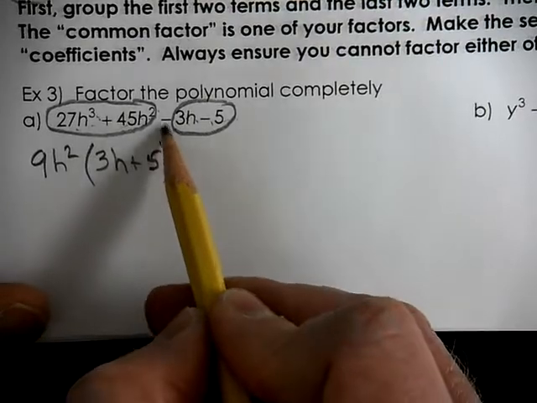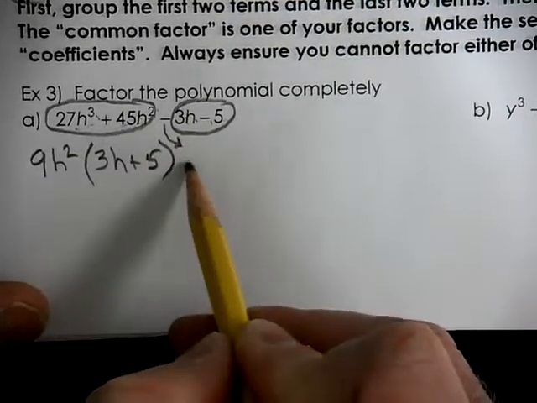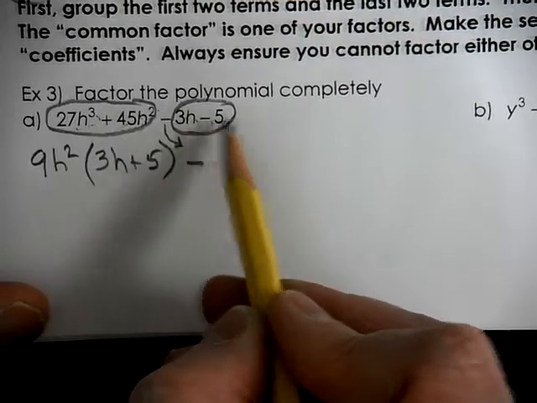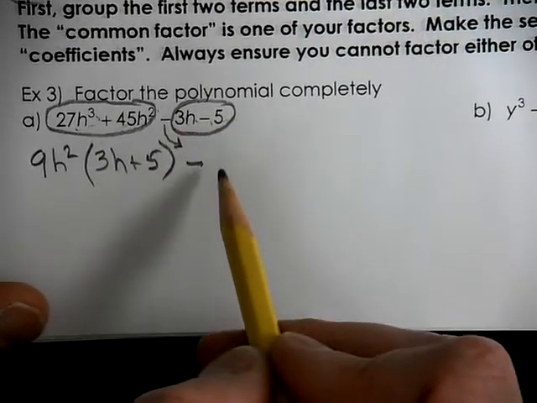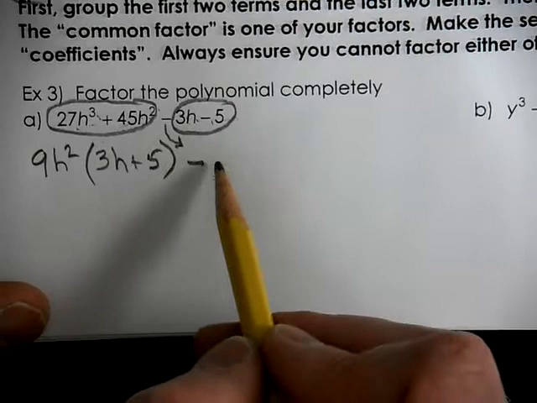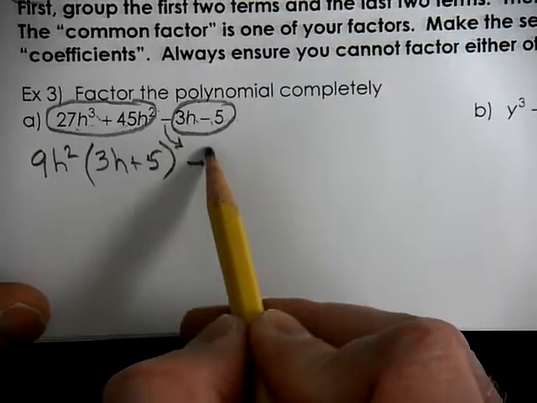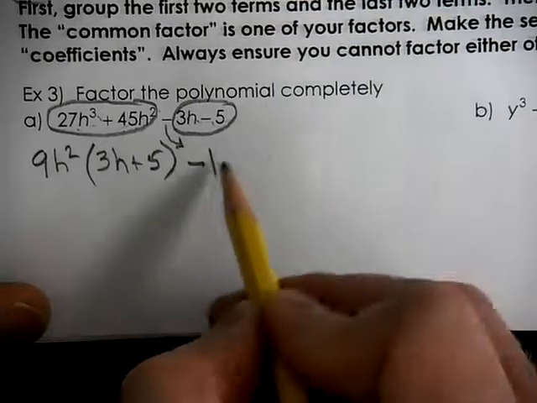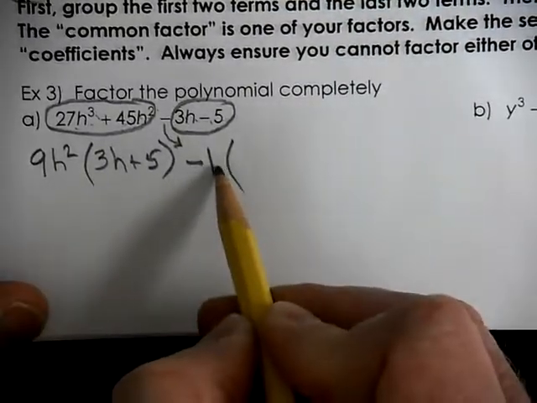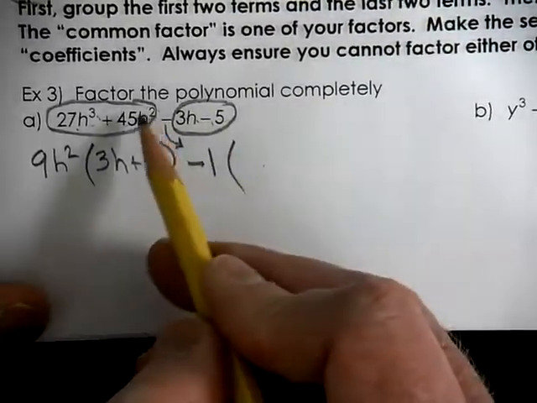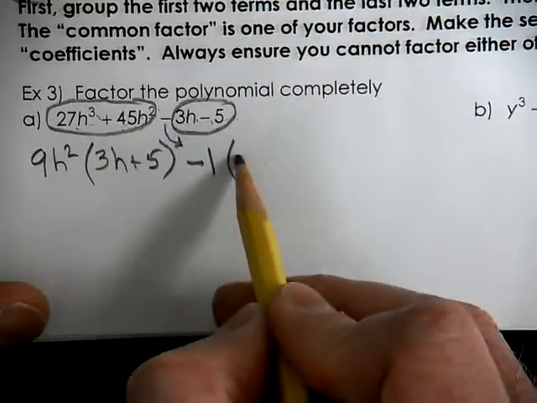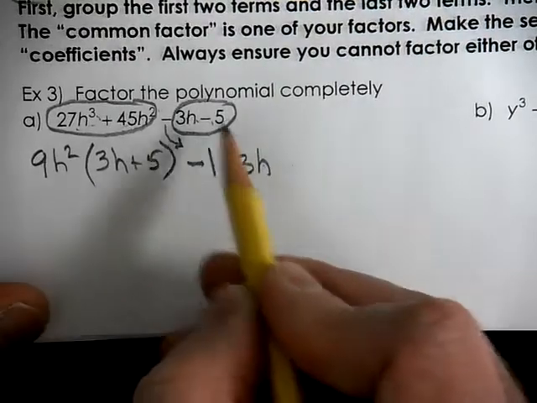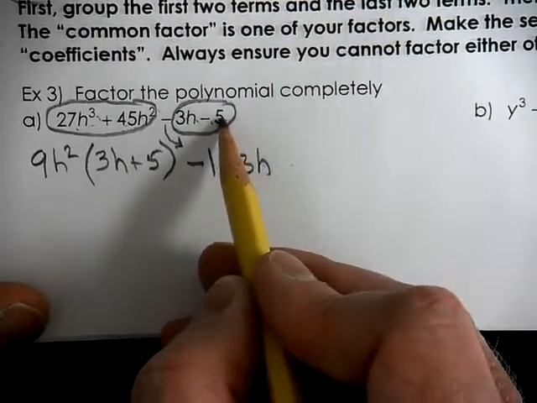You bring down your sign, which is a minus. We look at 3h minus 5, and there's nothing we can factor out of that. But we have to put a number out here. So we're just going to factor a 1 out, or if you want to call it a negative 1. So negative 1 times something makes negative 3h. Negative 1 times something makes negative 5.